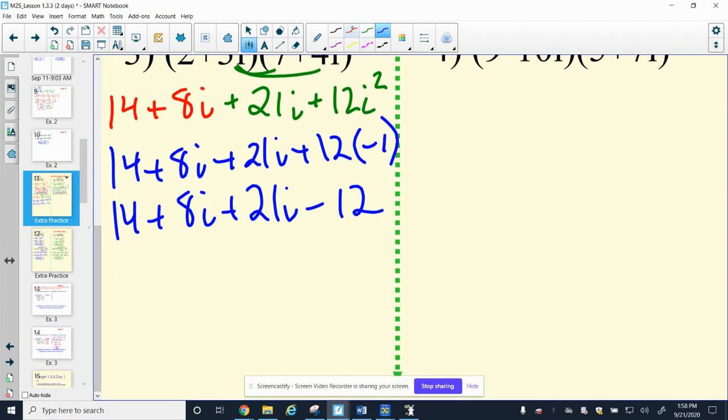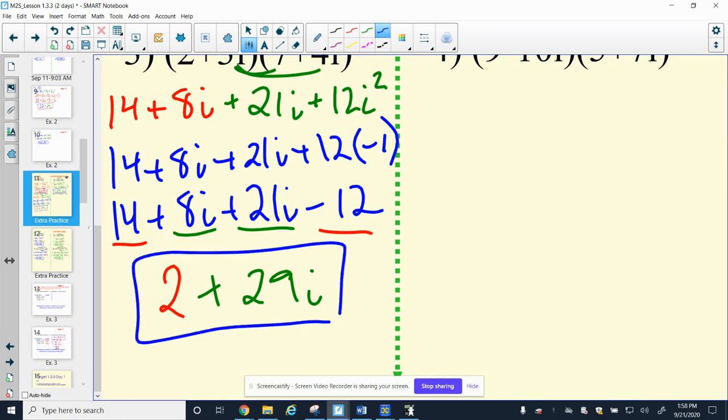And then it's just combining like terms at the end. So I could combine the 14 and the minus 12 to make 2. And I could combine the 8i and the 21i to make 29i. Final answer, 2 plus 29i.